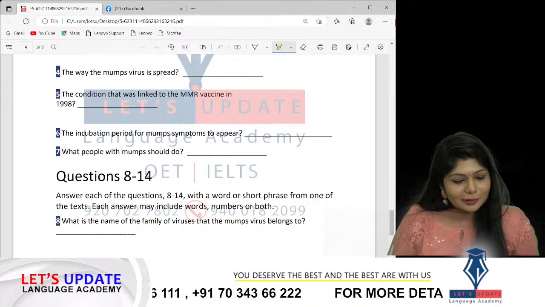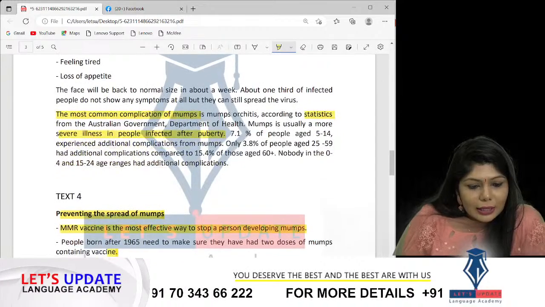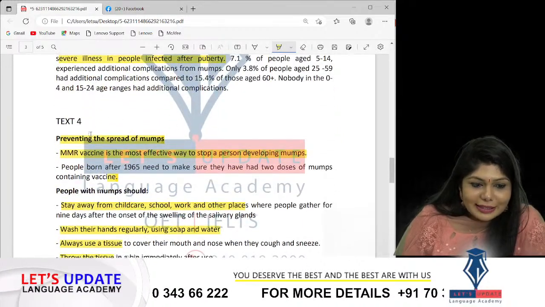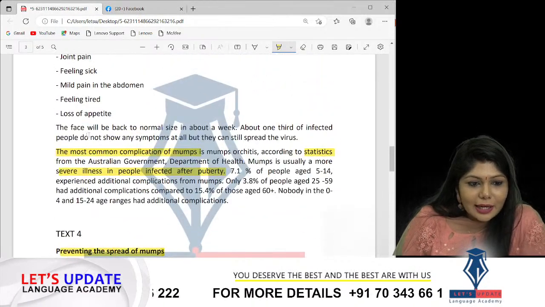Okay, so let's go through the text. That is definitely not going to be in text 4, because text 4 is dealing with prevention and techniques.